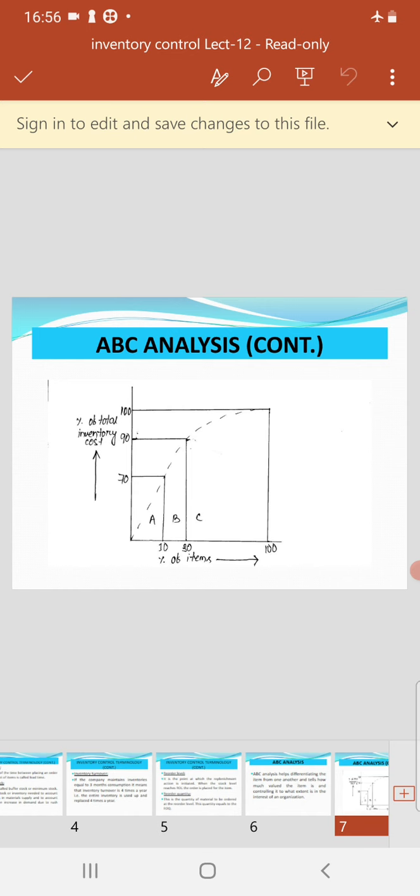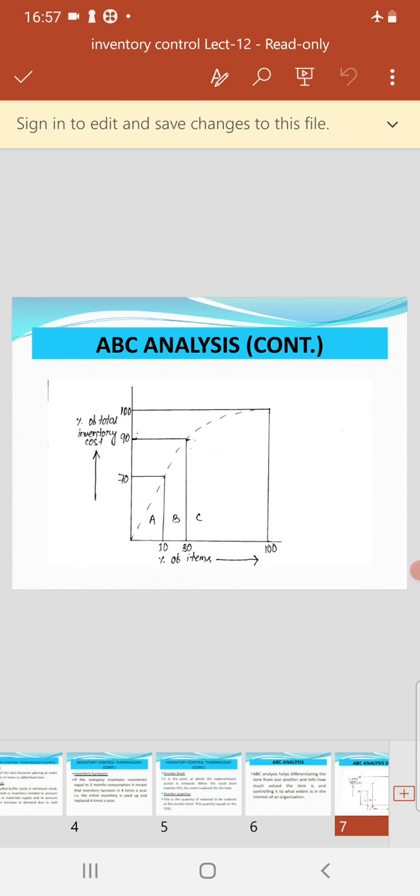And B type is medium. Cost is medium, percentage is also medium. And C type, the percentage is high. You can see from the graph, type A is only 10% of the total items, and B is 30 minus 10, so 20%. But type C is 70% of the total inventory.